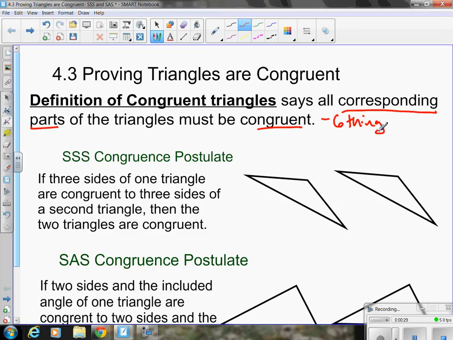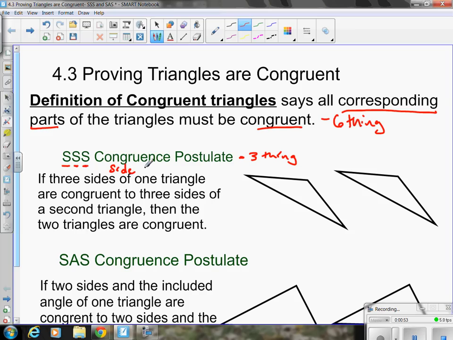There's 2 postulates where we can prove triangles are congruent with only 3 things. So it's about half as much work. And the first one is the side congruence postulate. We abbreviate that SSS. So that stands for side, side, side.